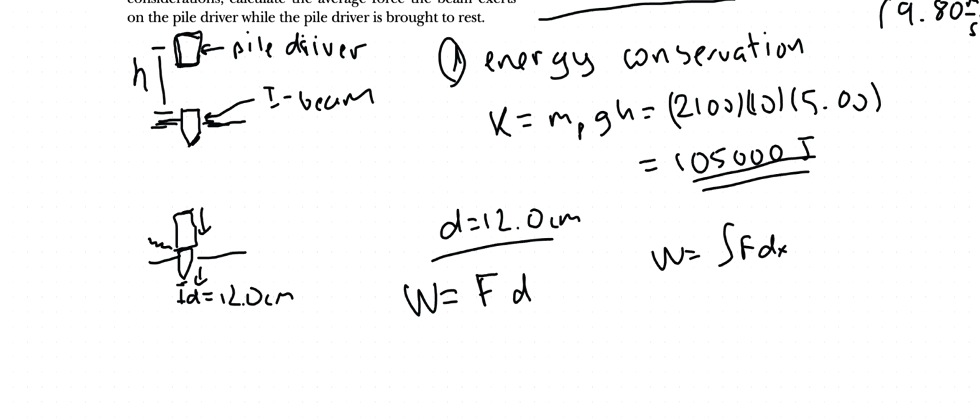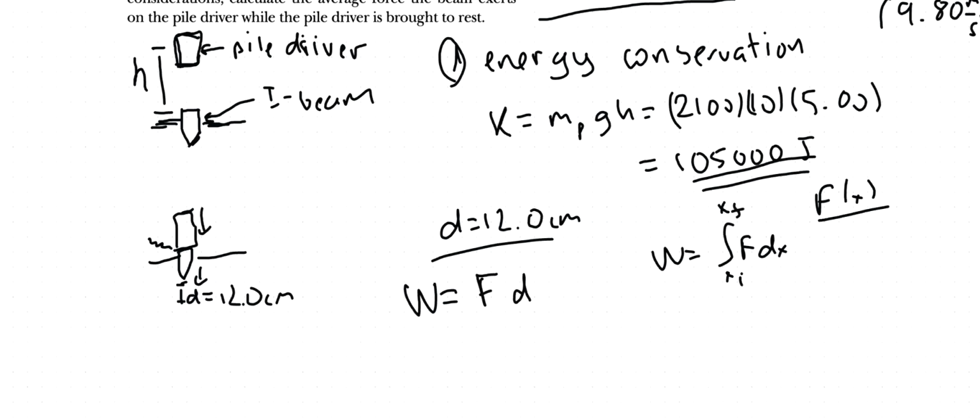So that's why they're asking for the average force, because here in an integral, let's say from x initial to x final, F in general is assumed to be varying in space, okay? But we don't really know the spatial variation.